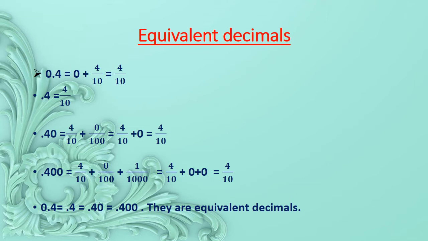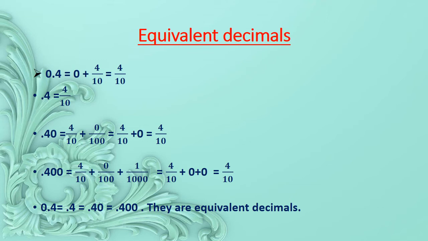Third is 0.400. Now let's see. In the tenths place, we have 4 by 10 plus, in the hundredths place we have 0 by 100, then plus in the thousandths we have 0 by 1000. As we all know, as we go towards the right, the digit will be divided by 10.